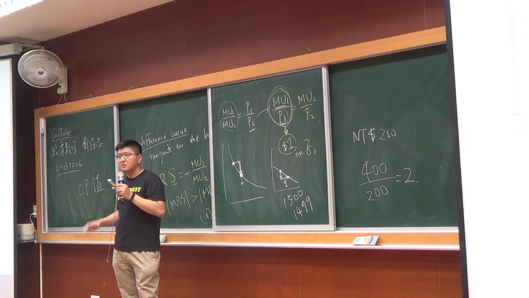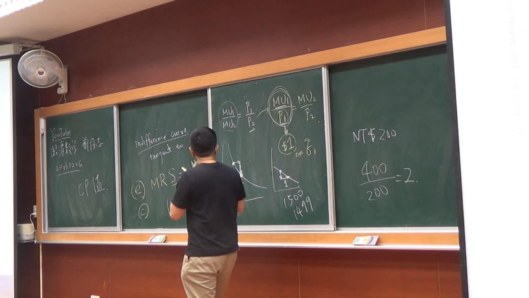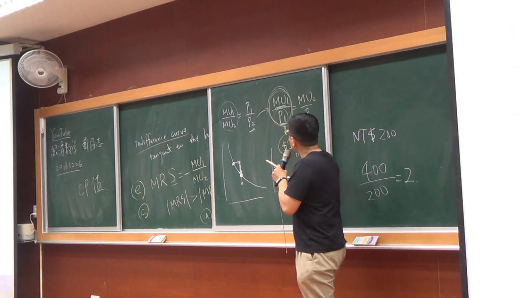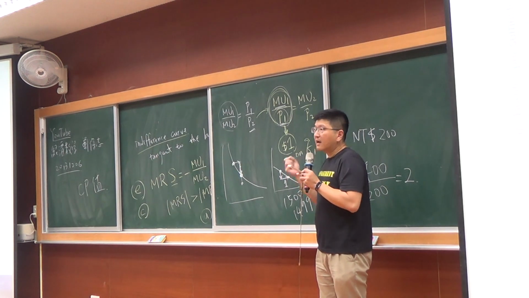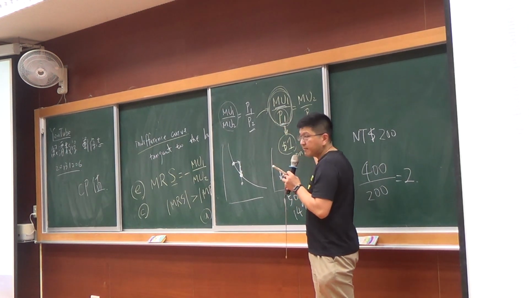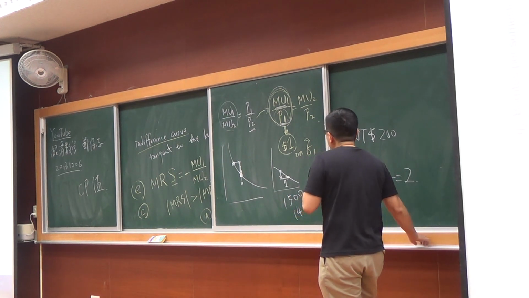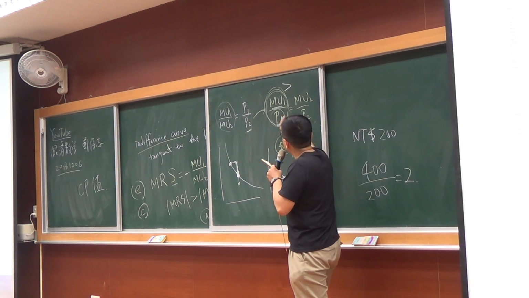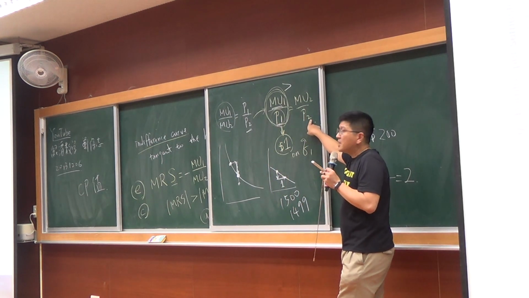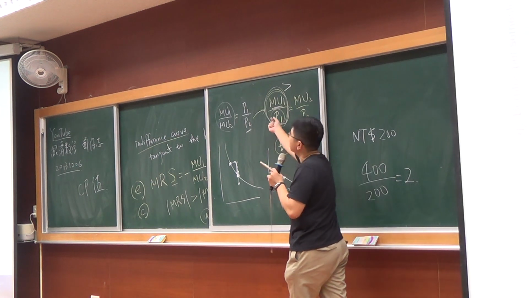Is that clear? So for good 1 and good 2, the last unit or the last dollar we spend on them should be equal. If this one is larger than this one, we should remove $1 from here to here, is that right?